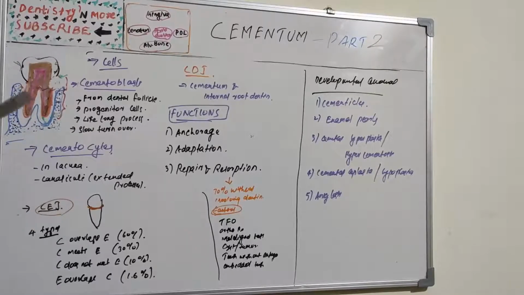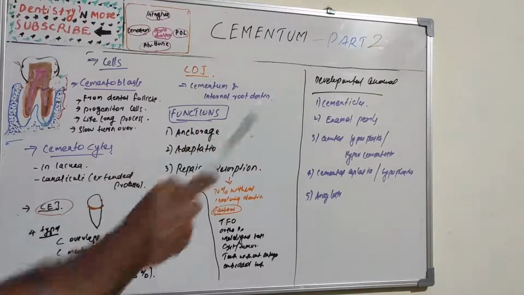Multinucleated giant cells and large mononuclear macrophages are generally found adjacent to the cementum undergoing active resorption. Resorption occurs most commonly in the apical third, then the middle third and gingival third. It is always associated with multinucleated giant cells, as I said, odontoclast or cementoclast.